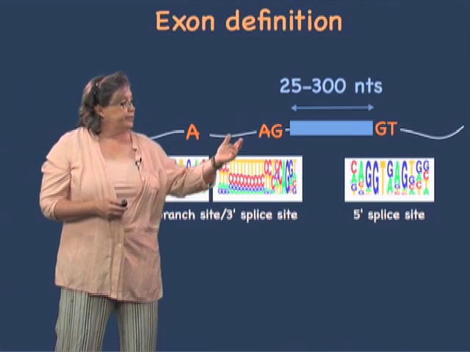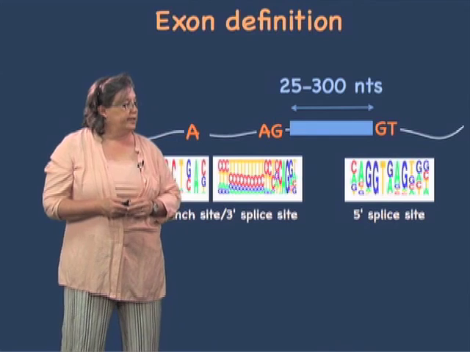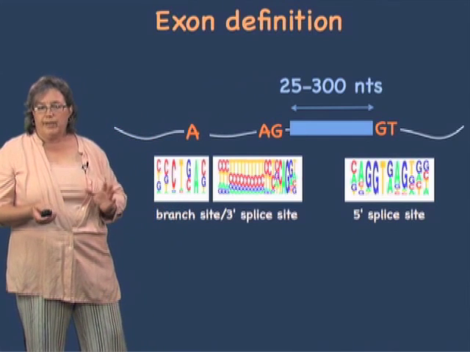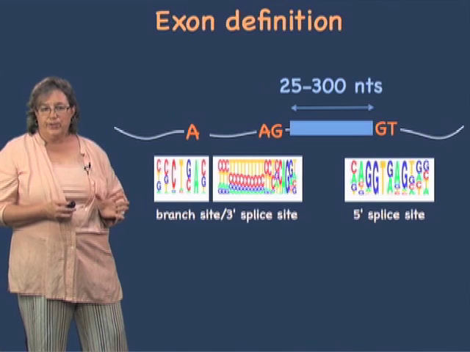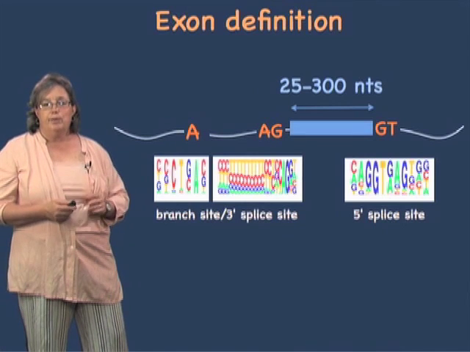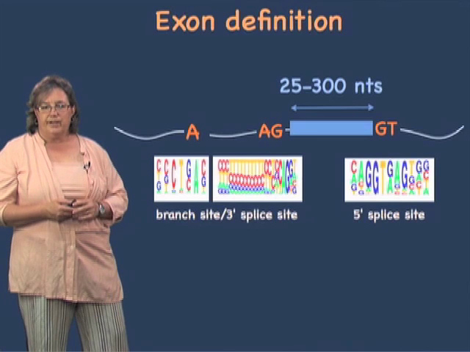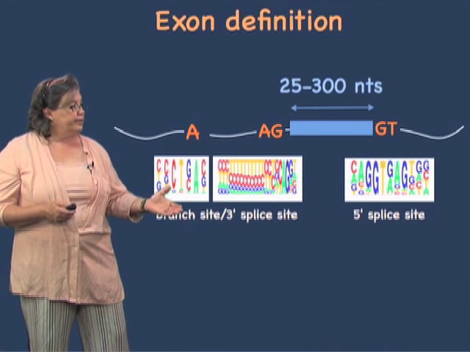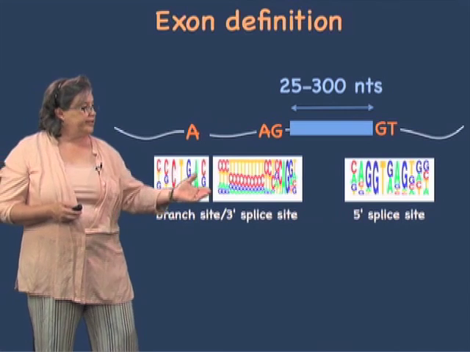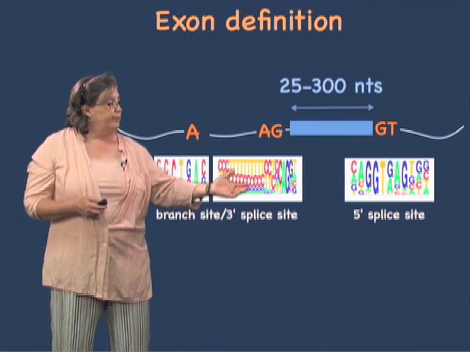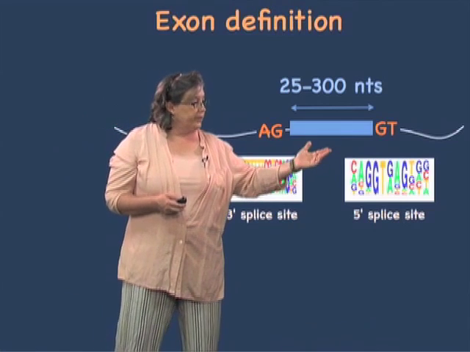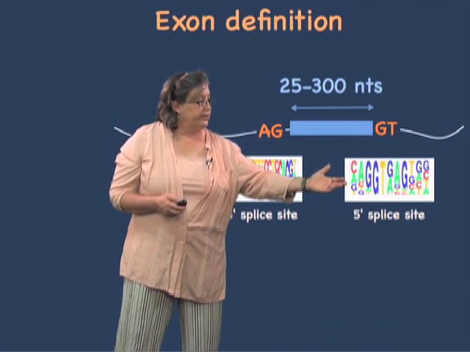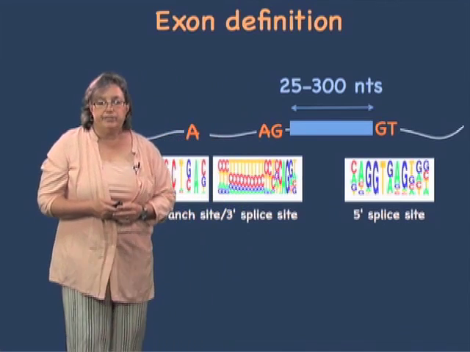The average exon, as we said, was 123 nucleotides, but they vary in length from about 25. There are a few shorter; there are exceptions to every rule. But in general, 25 to 300 nucleotides is the size of an internal exon in a human gene. So what the human splicing machinery looks for is a good match to the consensus branch site and 3' splice site, followed within 25 to 300 nucleotides by a match to the 5' splice site.